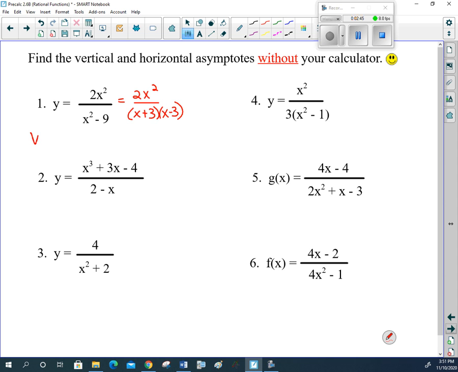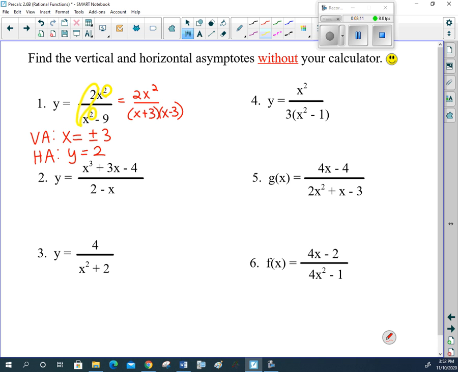My vertical asymptotes are at x equals positive and negative 3. For the horizontal asymptote, I notice that the degrees are the same, 2 and 2. That means the horizontal asymptote is the ratio of the leading coefficients. That ratio is 2 over 1, so this one is y equals 2.